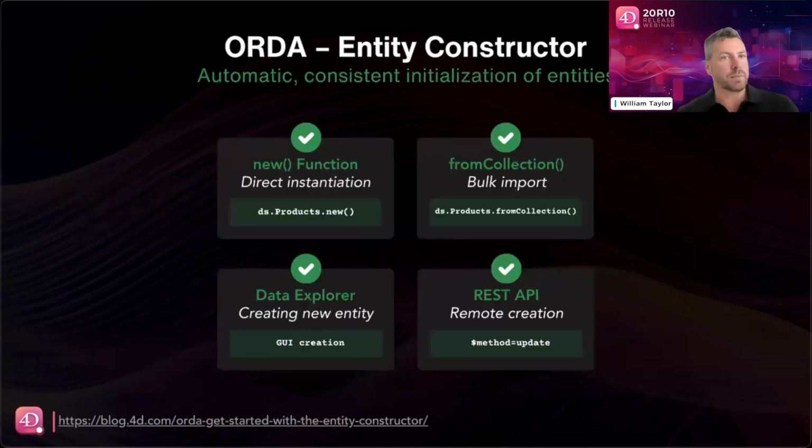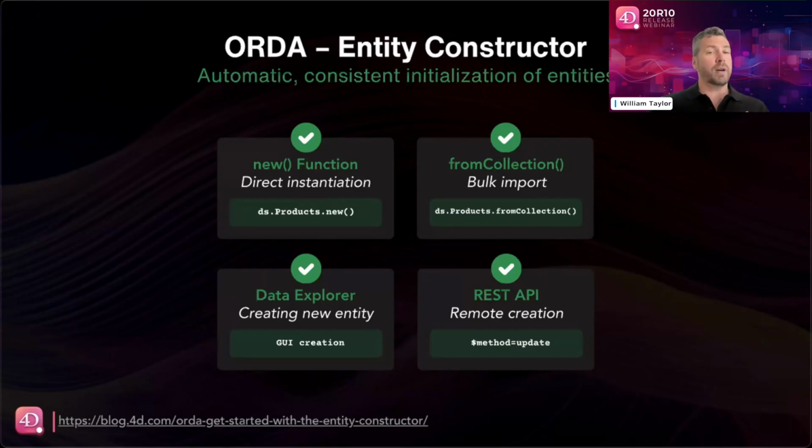And when I say it's used the same across different contexts, this is what I mean. The constructor is used when you create an entity with, for example, a ds.products.new call, or if you call ds.products.fromCollection while importing data, you're going to call that constructor for each object you're creating.